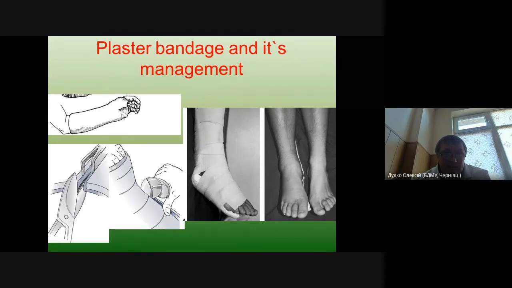And second, it is applied in such a way that you can monitor the condition of blood supply and innervation.